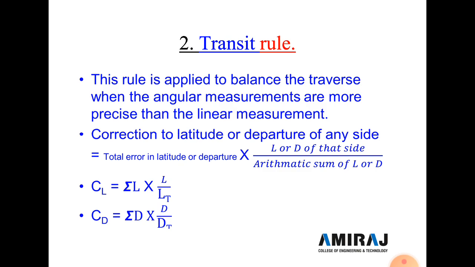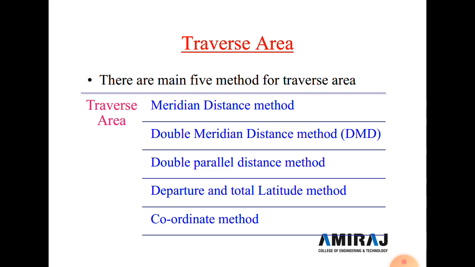And similarly for departure, CD is equal to the sum of D multiplied by D, divided by the arithmetic sum of departures.